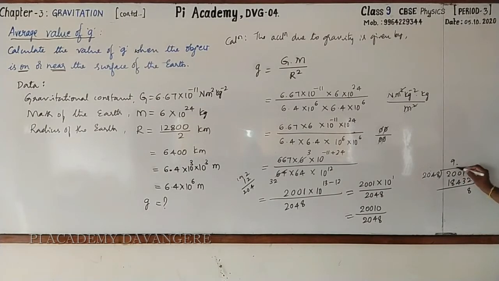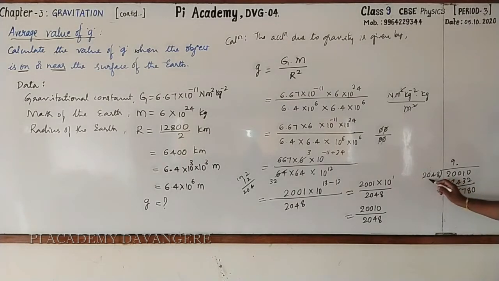Then borrow from here, it will be 10. 10 minus 3 is 7. And here 9. 9 minus 4, it is 5. Then 9 minus 8, it is 1. 1578. Then put decimal, take 0. It is 15,780.